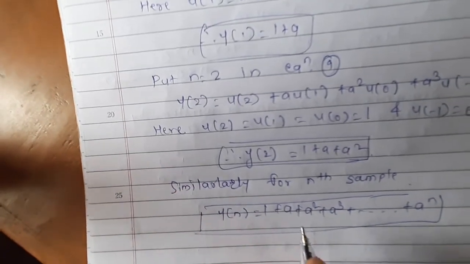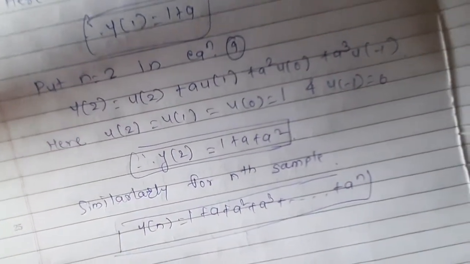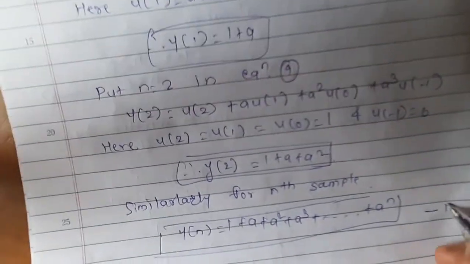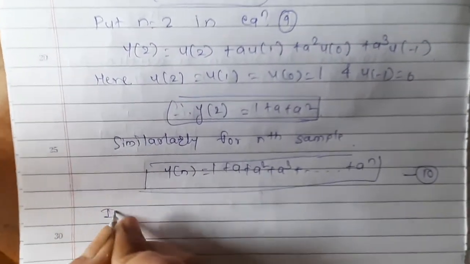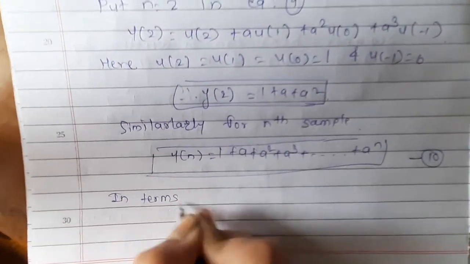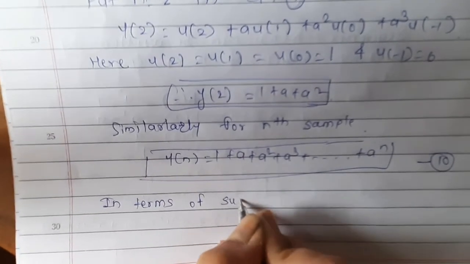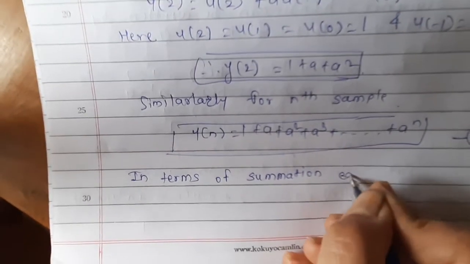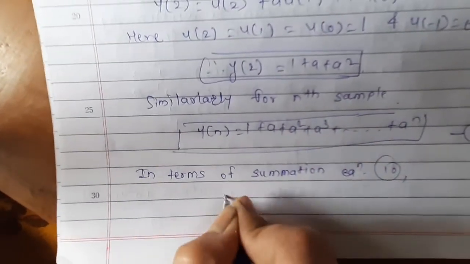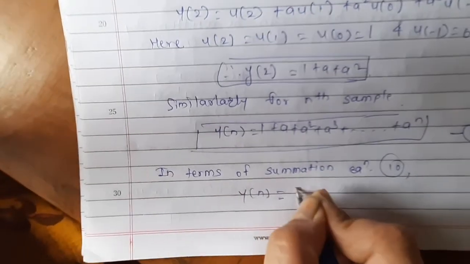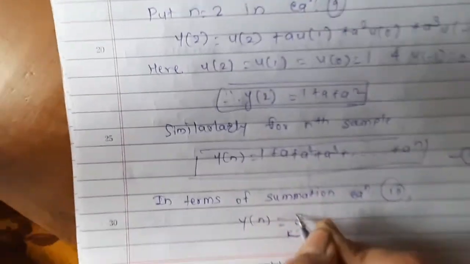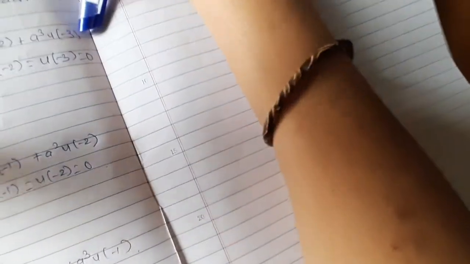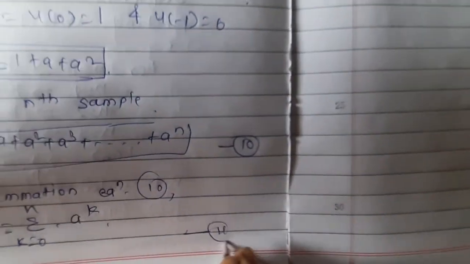a square plus dot dot dot plus a raised to n. Now we can write this in terms of summation. This is equation 10. Now we write here the summation form, so this is equation 11.